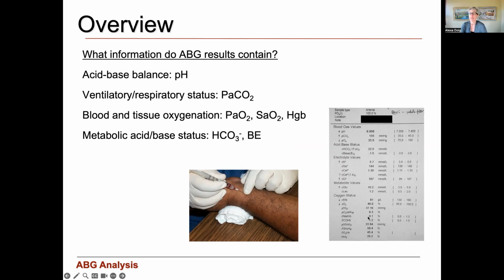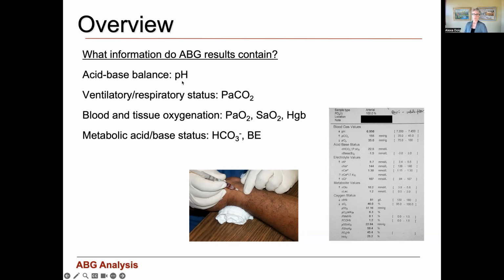It can be helpful. They run potassium levels and sodium and calcium. And if you haven't had labs in a while, it can be helpful to look at. They will do all sorts of stuff here, usually hematocrit. So again, if you haven't had a CBC recently, you can just look at it and see, is my patient anemic today? But for the most part, these are the things we're going to be looking at.